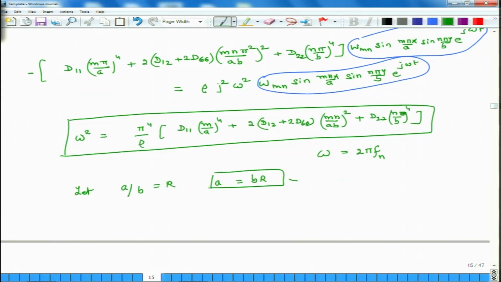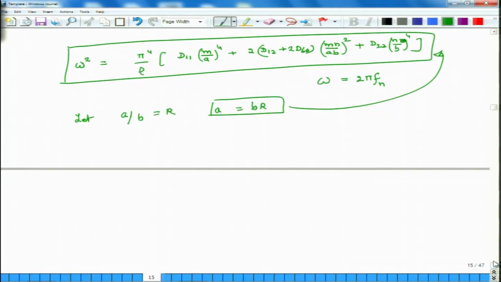So, if I substitute this back into this equation, I get omega, and I will apply a subscript m n, because each natural frequency is associated with this m and n. So, I just called it the mnth natural angular frequency.